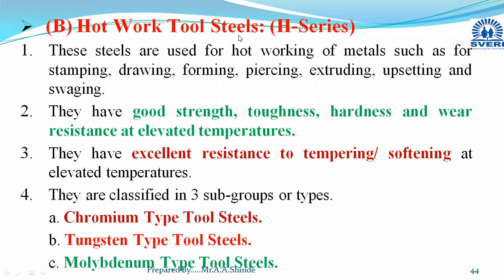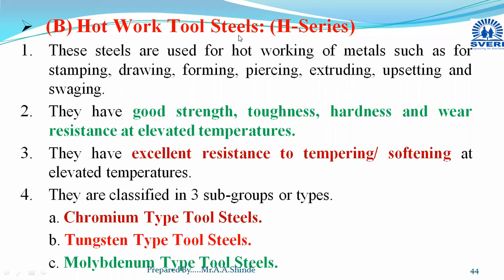Hot work tool steels. Okay, hot worked tool steels. These are the steels which are used for hot working of the metals. Okay, hot working of the metals means the working of the metals above their recrystallization temperature and just below their melting point.